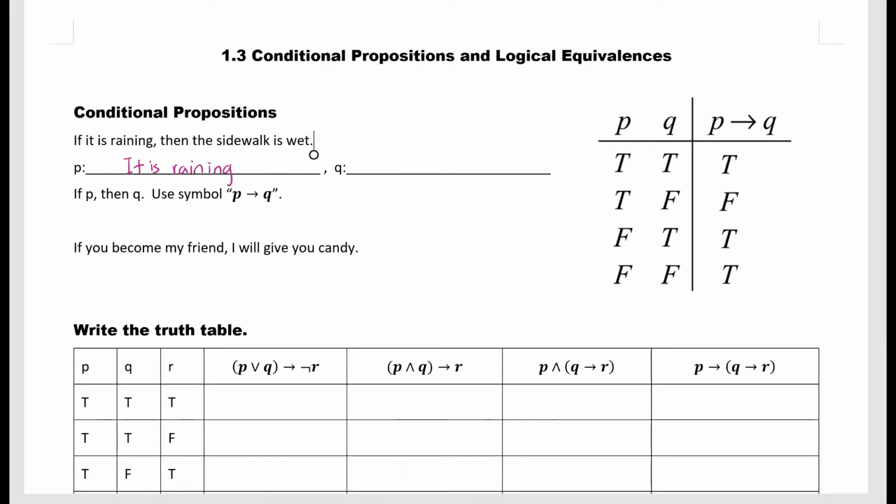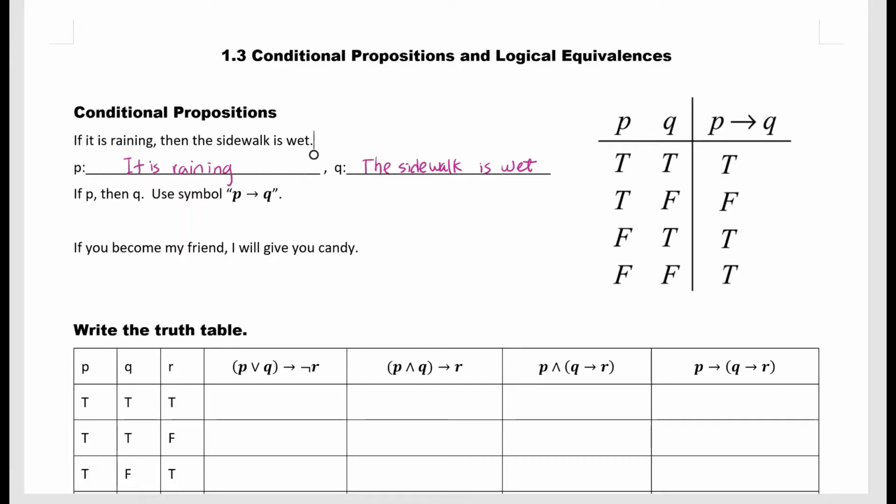Okay, Q is the sidewalk is wet. Then this statement is if P then Q. We use the symbol P implies Q. Okay? So let's look at the next sentence.